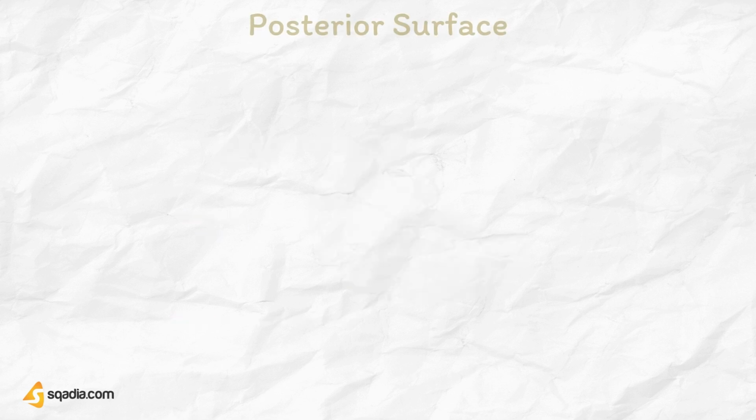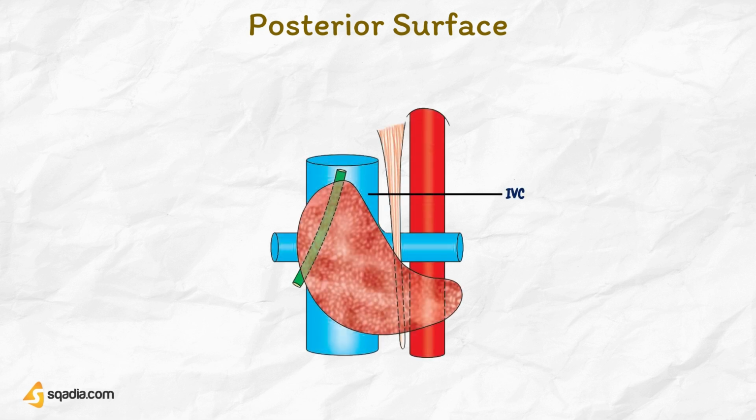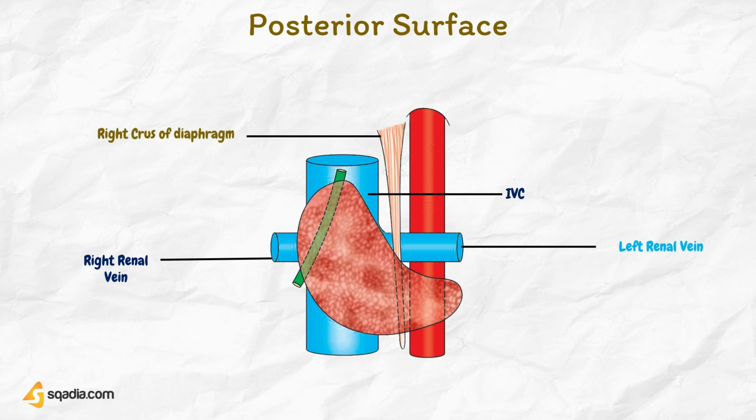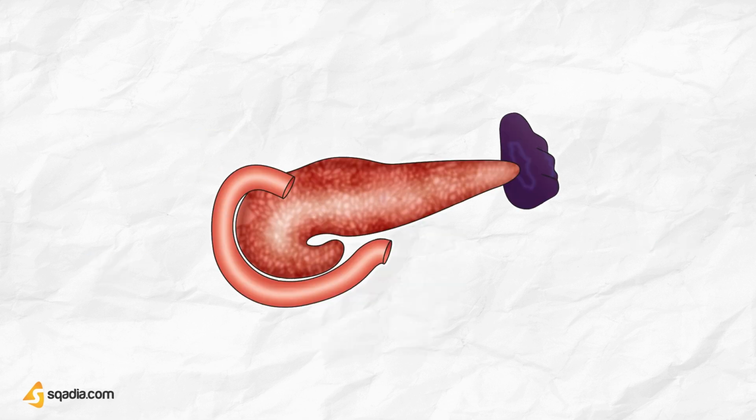The posterior surface is related to inferior vena cava, terminal parts of the renal vein, right crus of the diaphragm, and bile duct, which runs downwards and to the right, and is often embedded in the substance of pancreas.